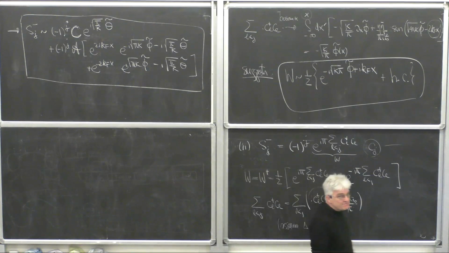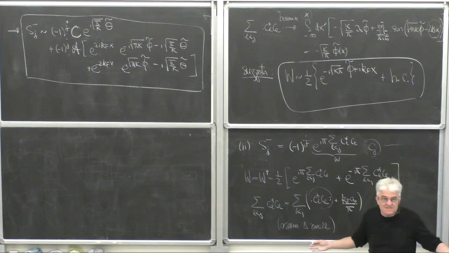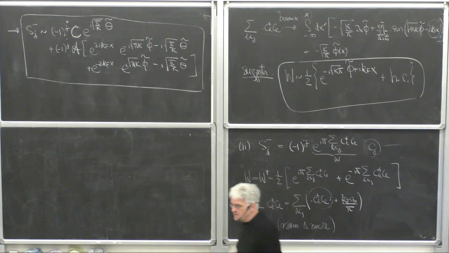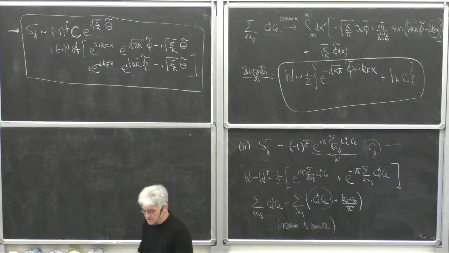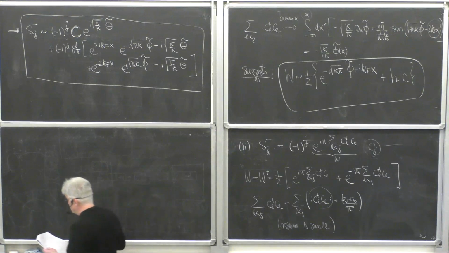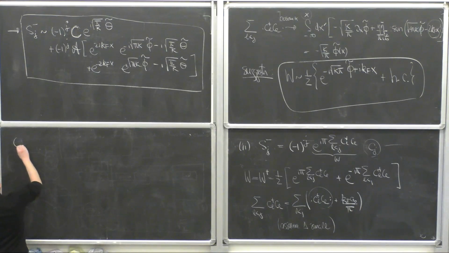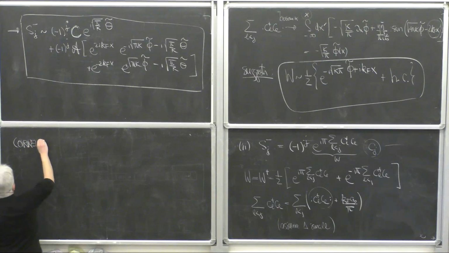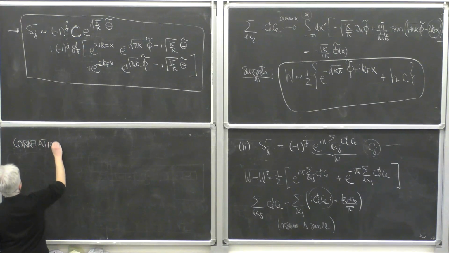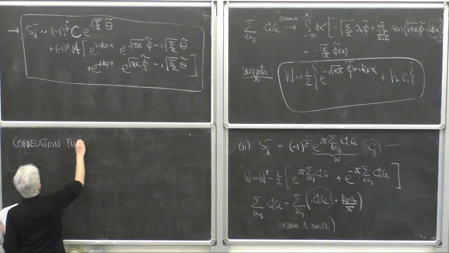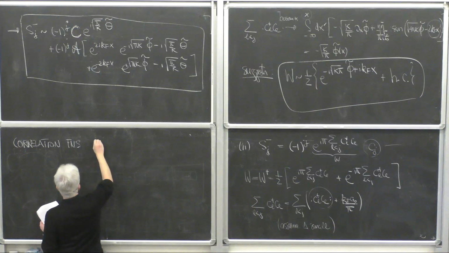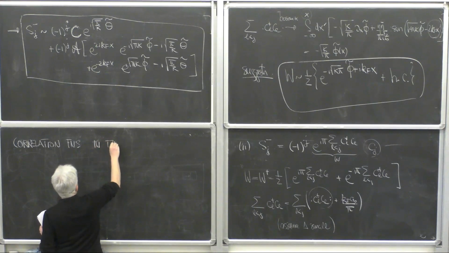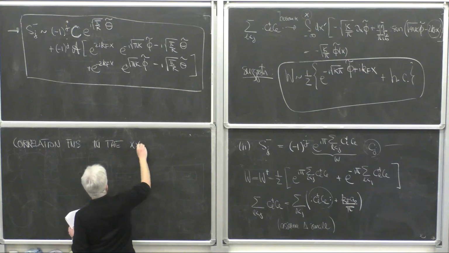But once we have them, it's very, very easy to compute space and time dependent correlation functions. And so this is why this is really a good approach. So now let's look at correlation functions in the XXZ chain.